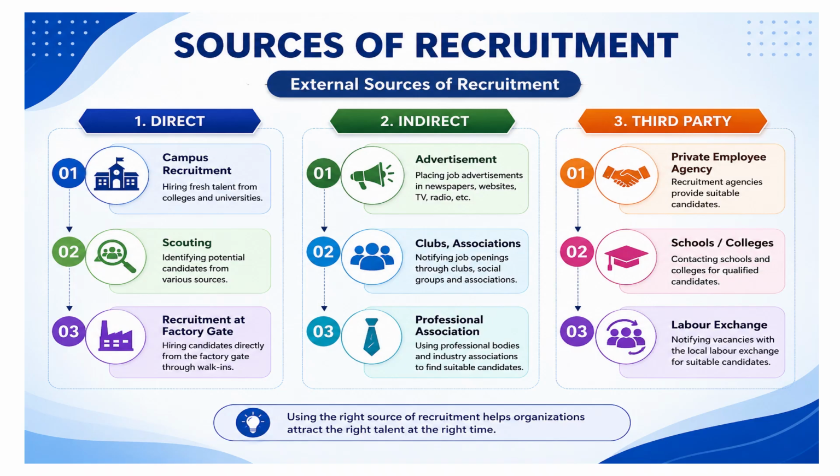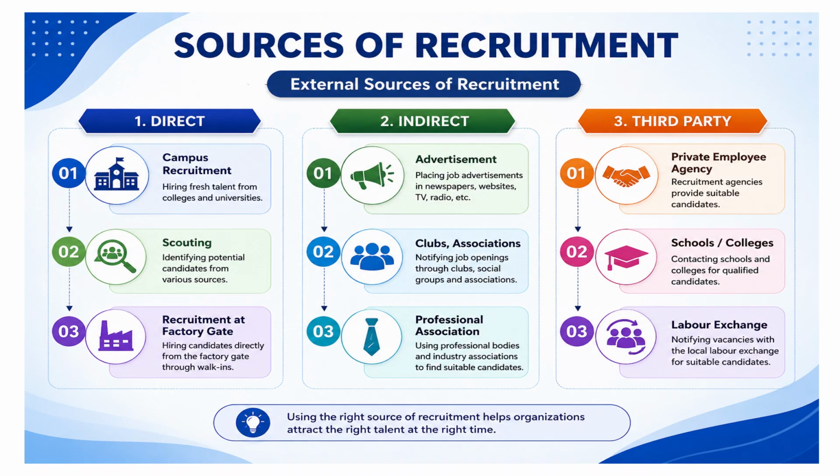Next one is clubs and associations. Many companies inform professional clubs and associations about job openings. These organizations help to connect employers with skilled professionals. For example, management associations, engineering associations, HR clubs, and alumni networks.